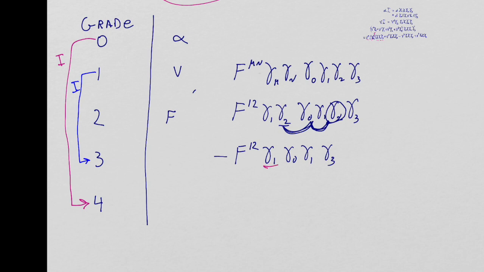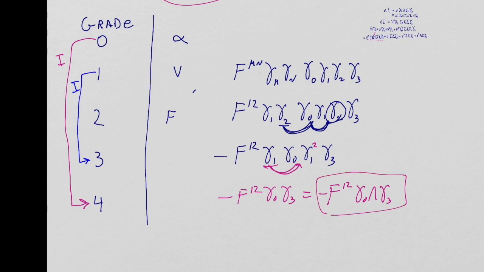Well, gamma 1 moves over 1, which introduces a sign change, and then gamma 1 squared is another sign change, so there's no sign change. So I get minus F12, gamma 0, gamma 3, which is really minus F12, gamma 0 wedge gamma 3, and that is a bivector. So the bivectors times I go back into the bivectors, right?